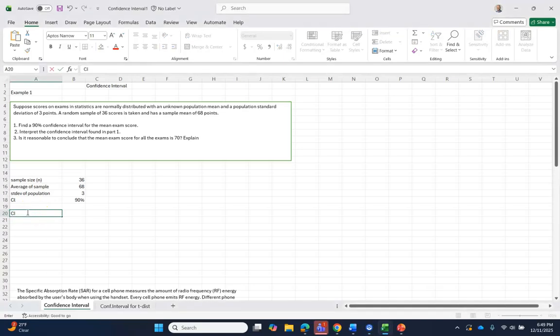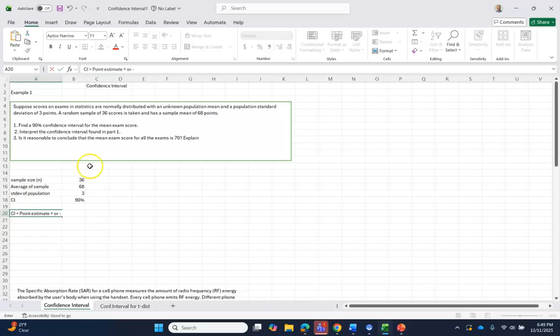The formula for the confidence interval is the point estimate, which is the average of the sample, plus or minus the margin of error.